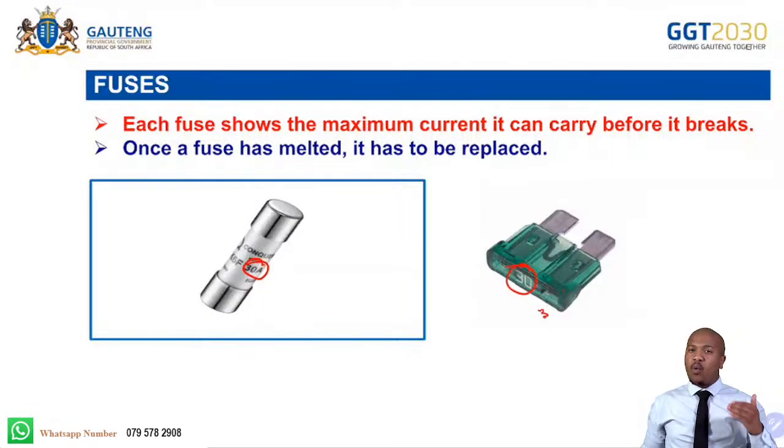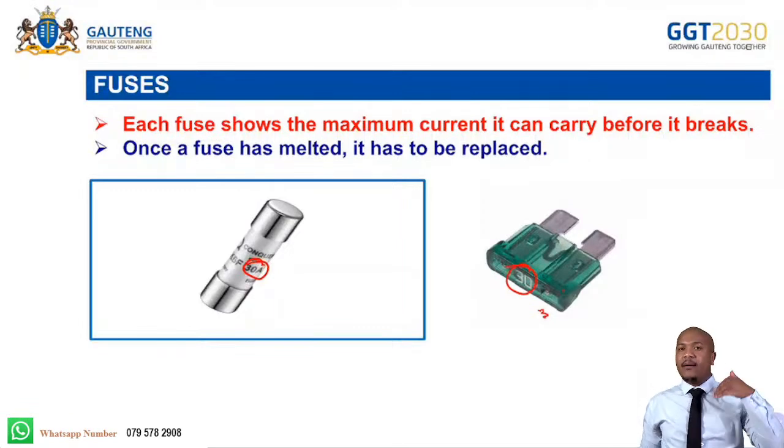So once the current exceeds 30 amperes, meaning the current is too high for that fuse or that component, then the fuse will start to do what? The filament in the fuse or the wire will melt, cutting off the flow of electricity.